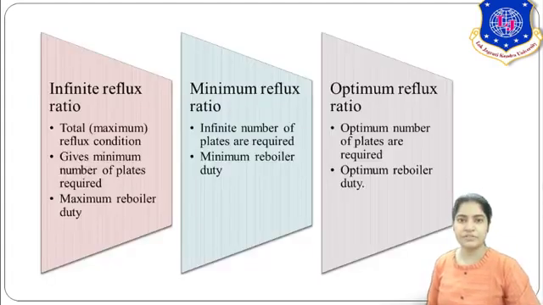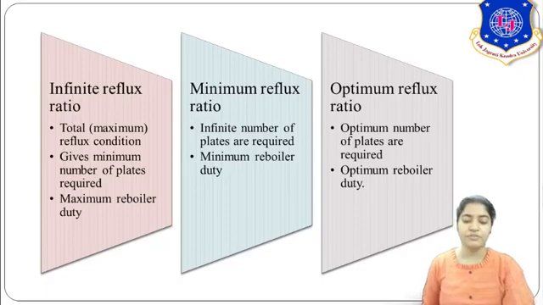Now the different kinds of reflux ratio are infinite reflux ratio, minimum reflux ratio, and optimum reflux ratio. First of all, you can see the difference between these three. In your total reflux condition, which is also called infinite reflux ratio, that shows your maximum condition of reflux. It is a maximum limit which you can use.